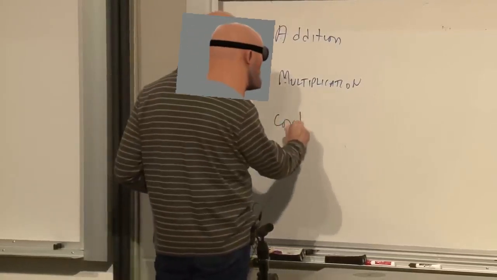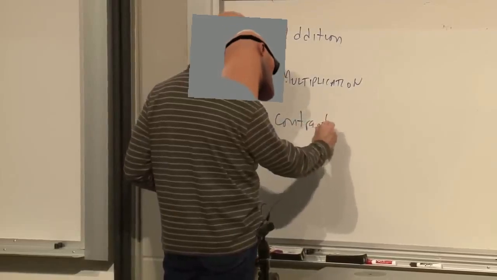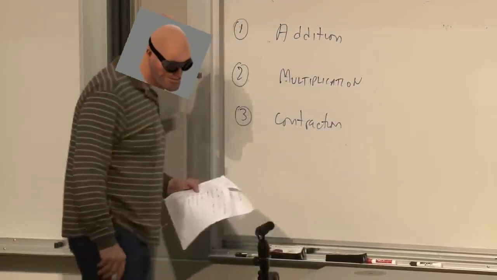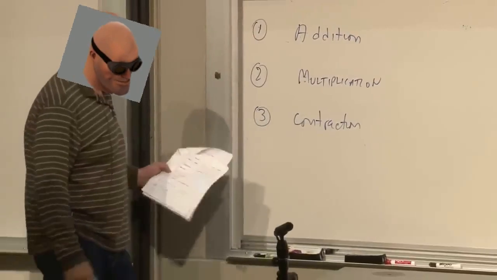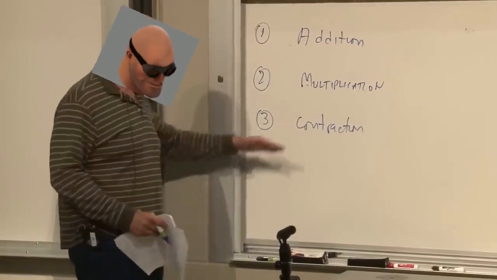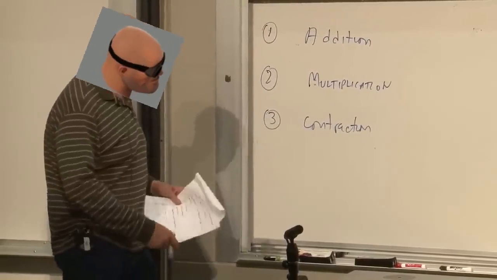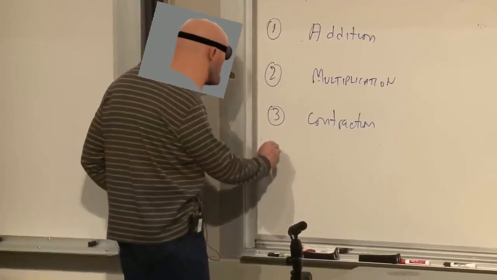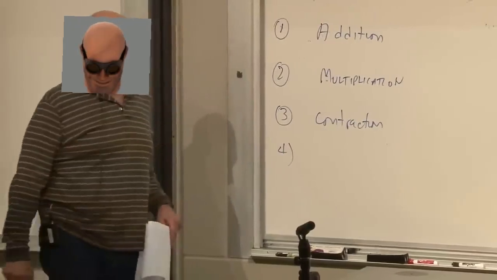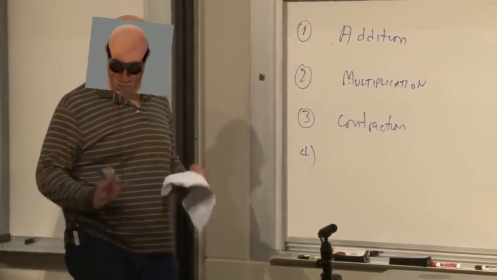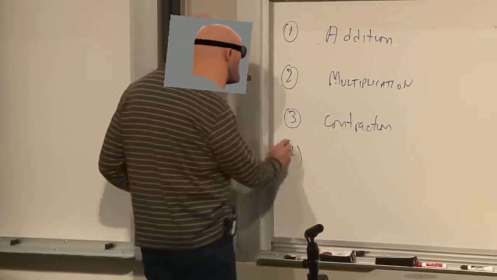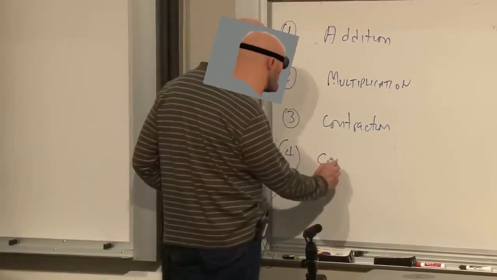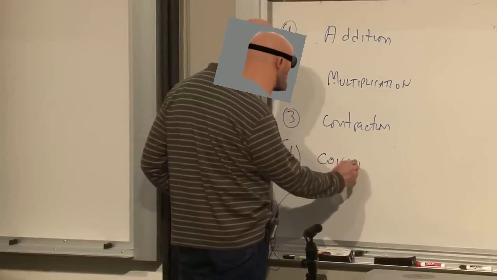Contraction. And I'll tell you what that means. You may or may not know the word at this point, but we will know the word soon. Contraction. And 4. Differentiation of tensors, but not ordinary differentiation, covariant differentiation, and we will define that, I think, tonight.